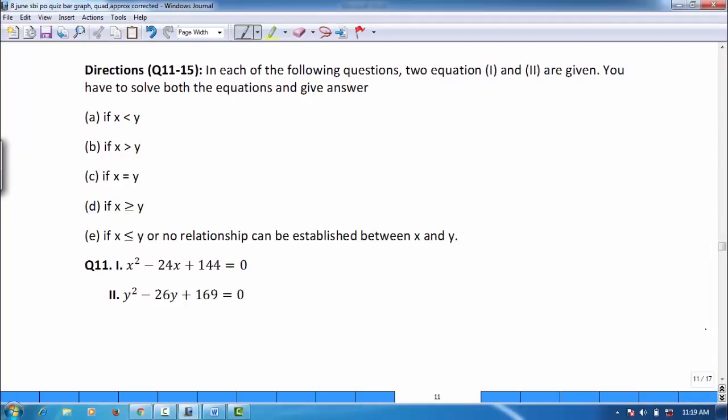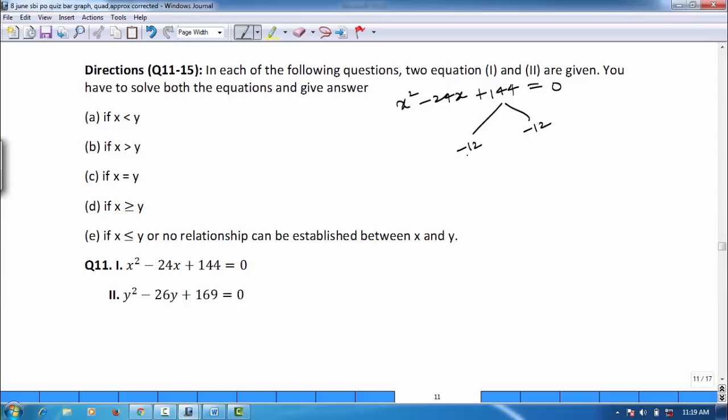Question number 11 is: x square minus 24x plus 144 is equal to 0 is the first equation. So 144 can be divided into minus 12 and minus 12.